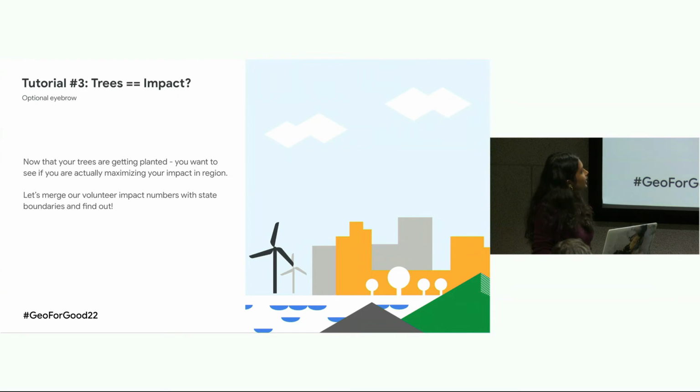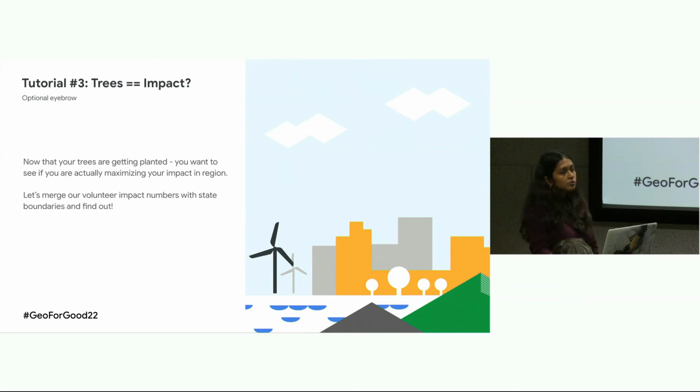So the setup and situation here is that now that your trees are getting planted, you actually want to see what the impact has been in each region, how many trees are getting planted. We're going to use a self-reported form of data submitted by our volunteers in terms of how successful they were in getting a tree planted in their region.